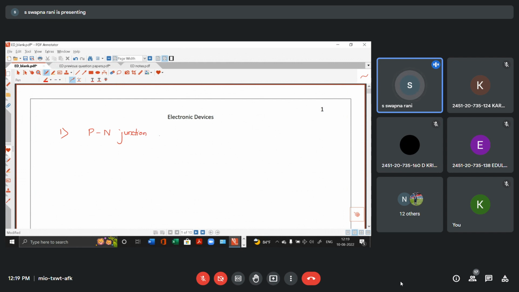We'll pick some topics for today's class. So the first is PN junction VI characteristics. The second one is breakdown mechanisms.